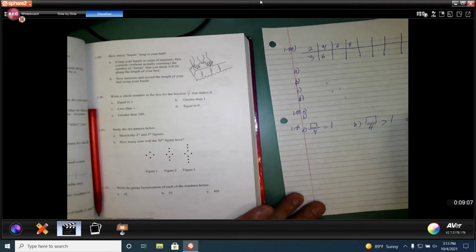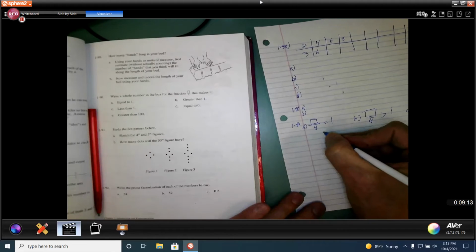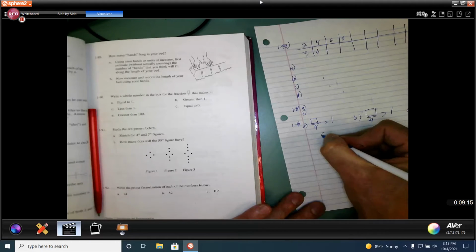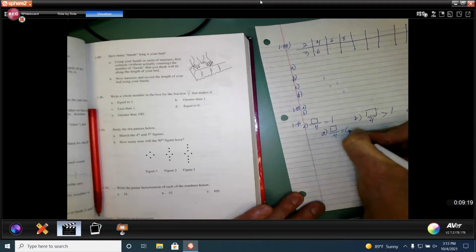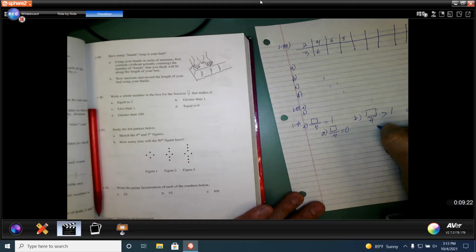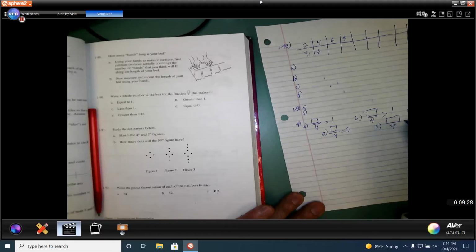For C, we're going to put a number in that box, and it'll be less than 1. For D, a number in that box, and that equals 0. And for E, this is the challenge one, a number in that box, and that answer is greater than 100.